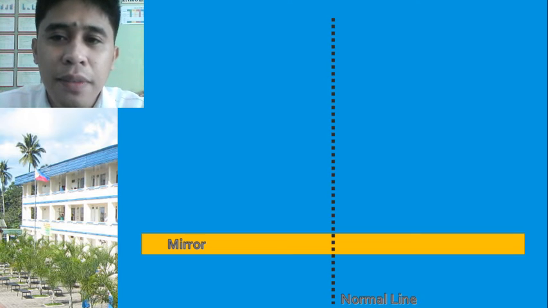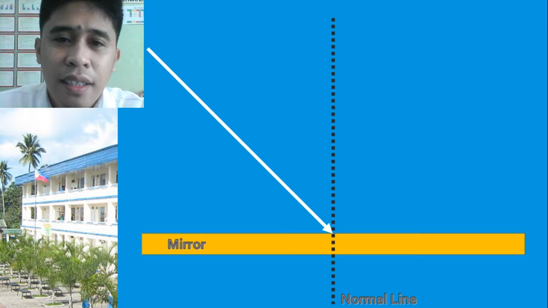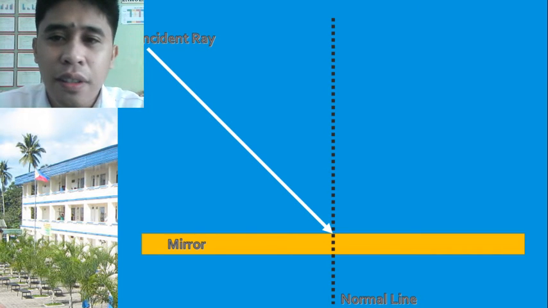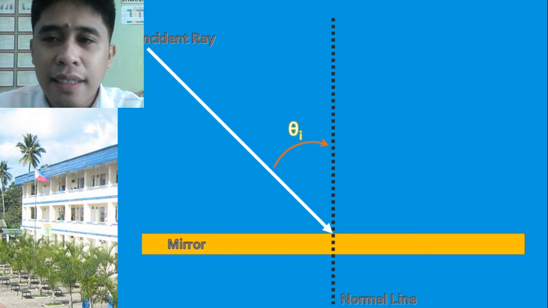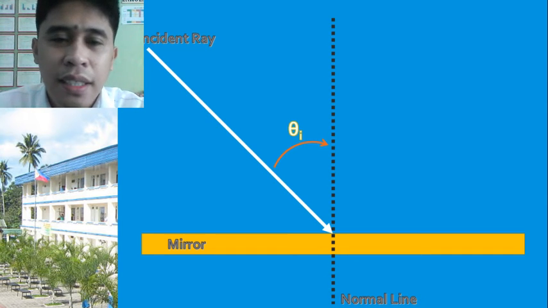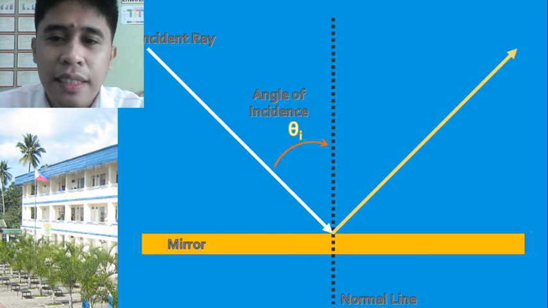Now let us assume that a light ray hits the mirror. This light ray, also called the incident ray, strikes the mirror at an angle from the normal. This measured angle from the normal is called the angle of incidence. Once the incident ray strikes the mirror, it is rebounded at an angle, which is known as the angle of reflection.